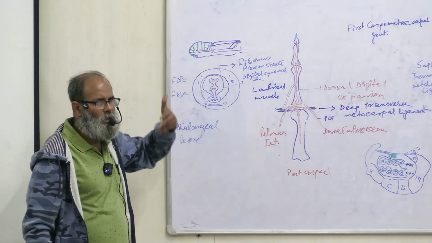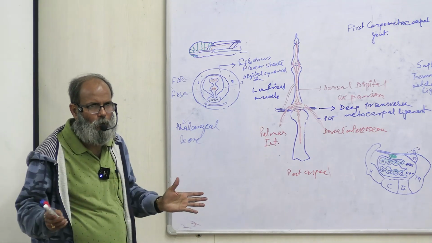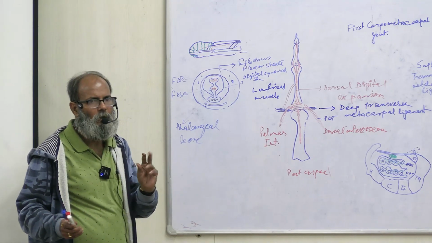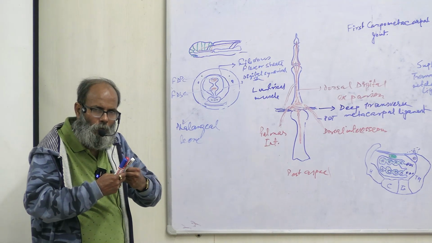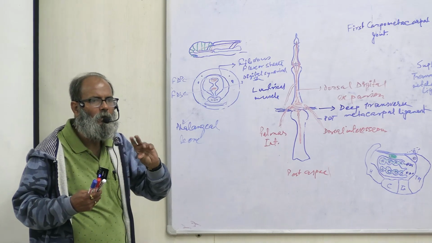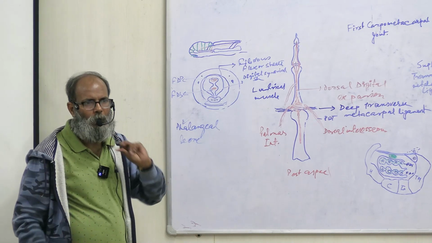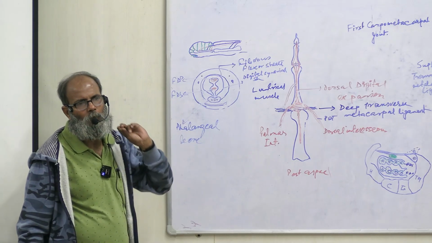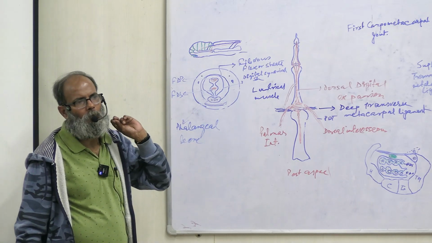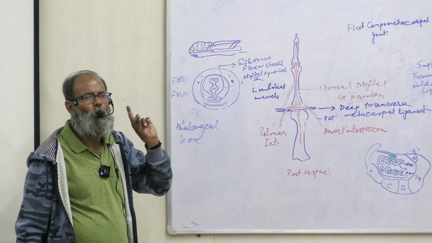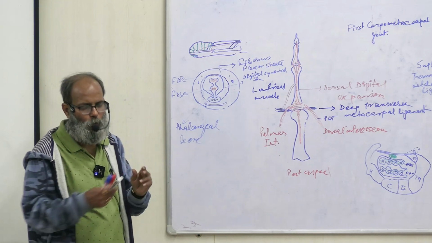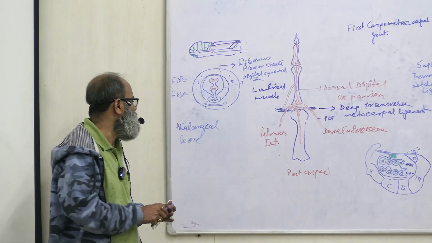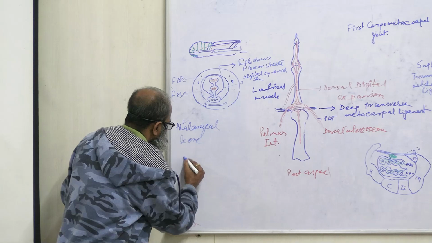Because there is fibrous septum, the pus cannot burst out. So in a closed space, the pus tries to burst out, and that is why there is excruciating throbbing pain. This condition is known as the pulp space infection of the digits or the Whitlow, W-H-I-T-L-O-W.